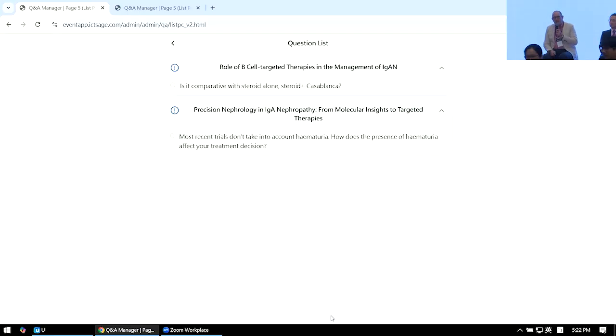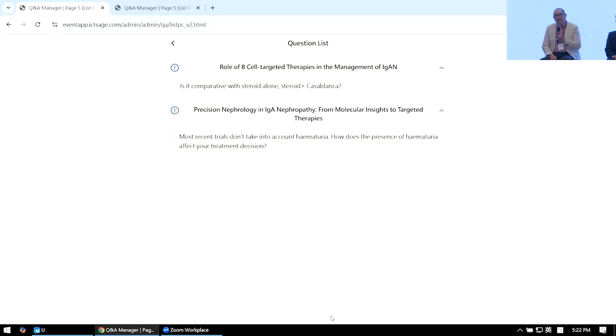So I guess if we come back and keep it simple, what we're trying to do is to preserve kidney function. And we want to preserve kidney function in the safest possible way, and with a combination of therapies that achieve that are available and accessible to you as a doctor.